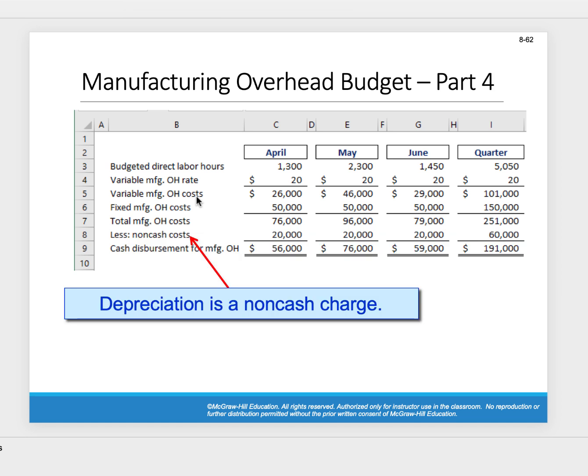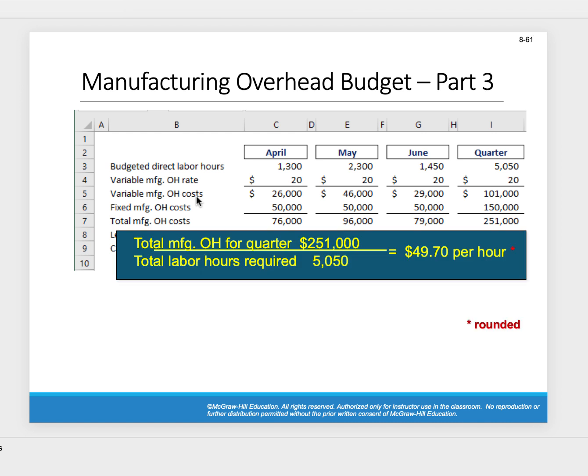Based on these estimates on our budget, here's our predetermined overhead rate. Okay? So, once we get that $76,000, we need to back out depreciation. Depreciation is a non-cash expense. So now we have our cash disbursements for manufacturing overhead of $56,000. Very important that you understand this concept, and maybe jot this down. We calculated the predetermined overhead rate by taking the variable MOH and the fixed MOH, right?